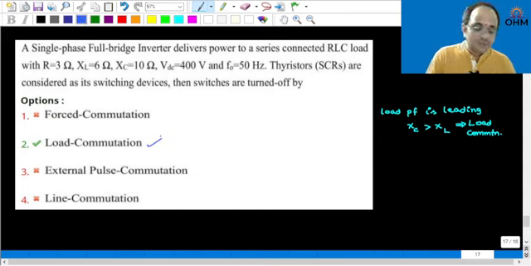In case of inductive load, that is, if it is given XL greater than XC, in that case you have to choose forced commutation. Of course, that is not the option here. Okay. So for this question, as the load is leading power factor, you should select load commutation.